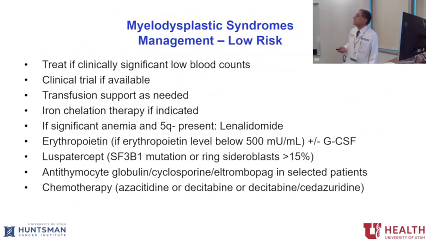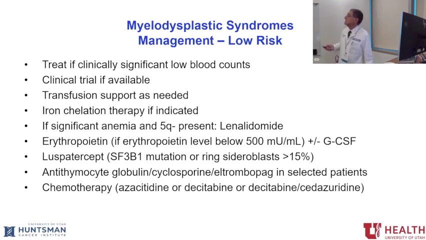And so, how do we deal with it? In general, we have 2 very broad categories of patients based on these scoring systems that we just talked about. Patients who fall into what we would think of as a low risk of developing leukemia, frequently we don't even need to treat them, we just watch them and they can go on with their life with regular monitoring.